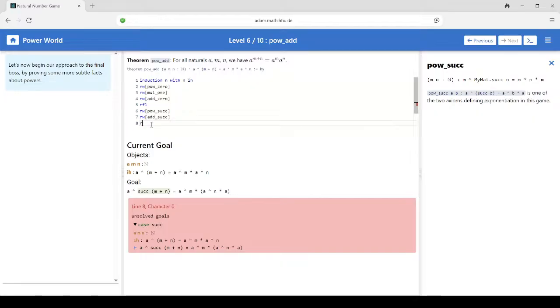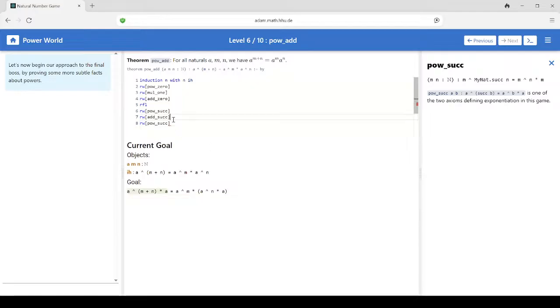Wait. That worked. Wait, that was it. I did it. A to the power of the successor of m plus n.